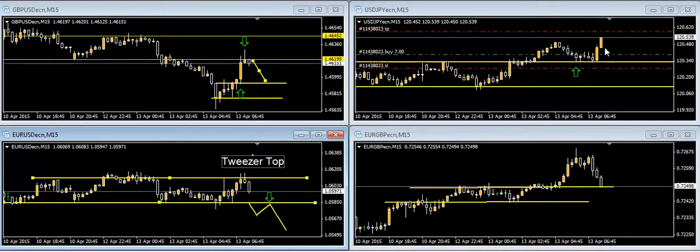Price is rallying into my take profit area. We're now up $807.